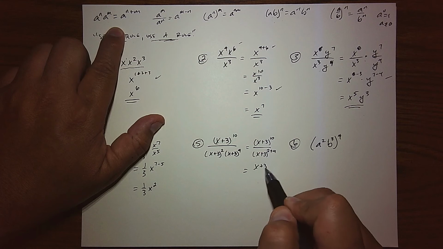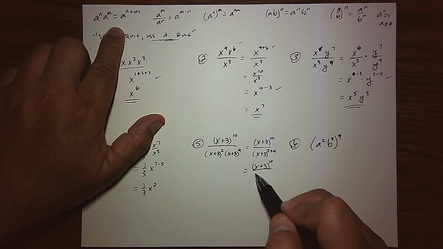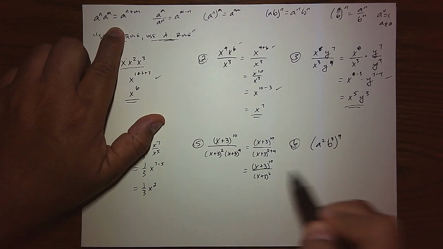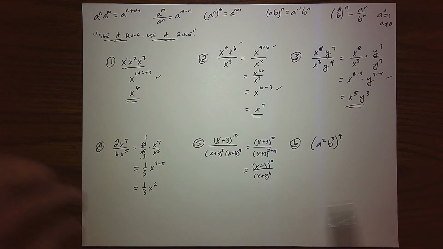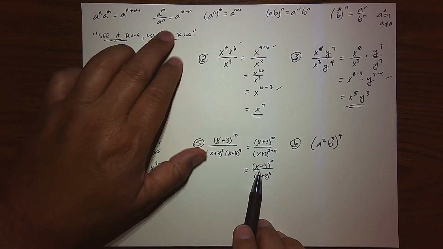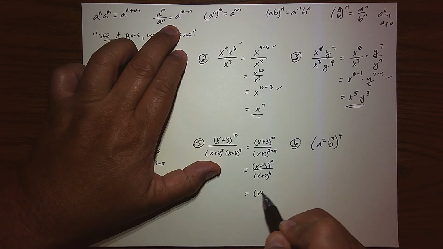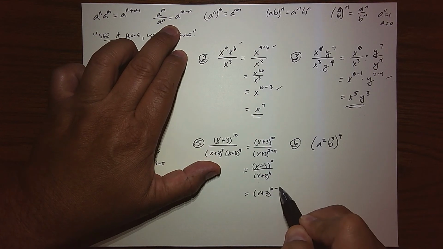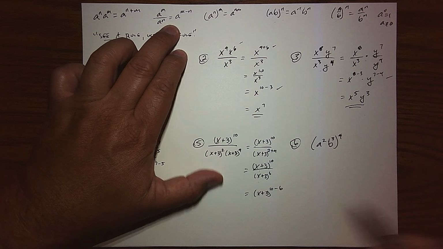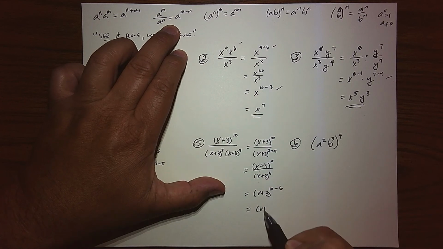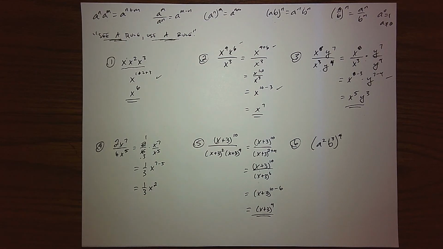So we get x plus 3 to the 10th upstairs and x plus 3 to the 6th downstairs. And now what I see is I'm dividing same base, so that's an opportunity to use my quotient rule. So we're going to keep the base and take my top exponent and subtract the bottom. And so we end up with x plus 3 all raised to the 4th power.